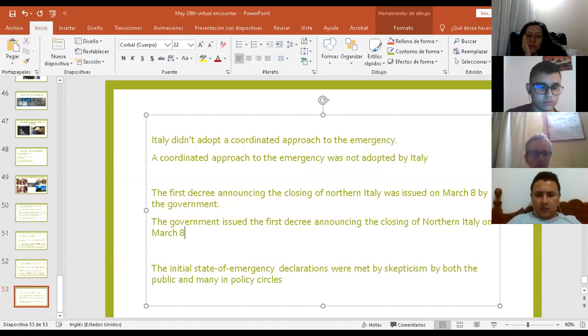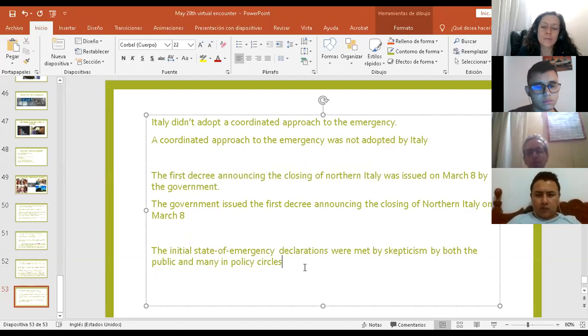Both the public and many in policy circles met the initial state of emergency declarations by skepticism. What's the idea in Spanish?